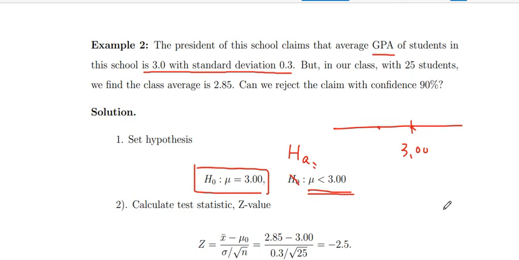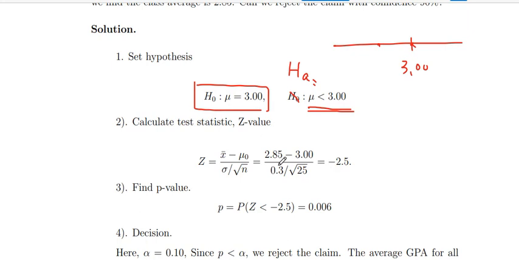Okay, then we just find the test statistic. Because we know sigma, we use x bar minus mu 0 over sigma over radical n. This is the z value, right? X bar is our class average.